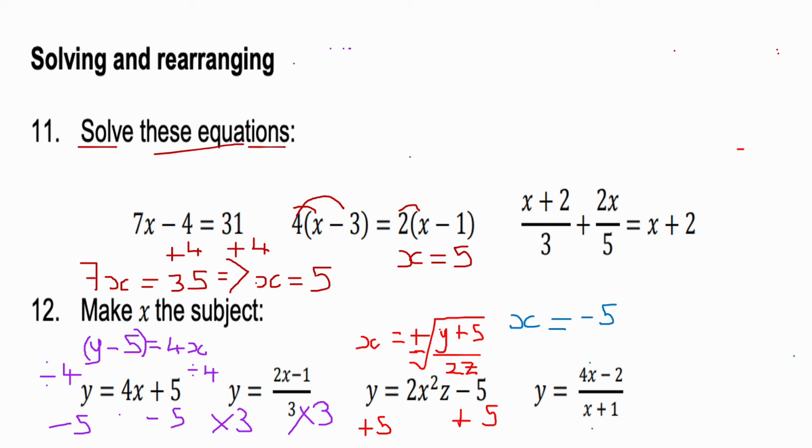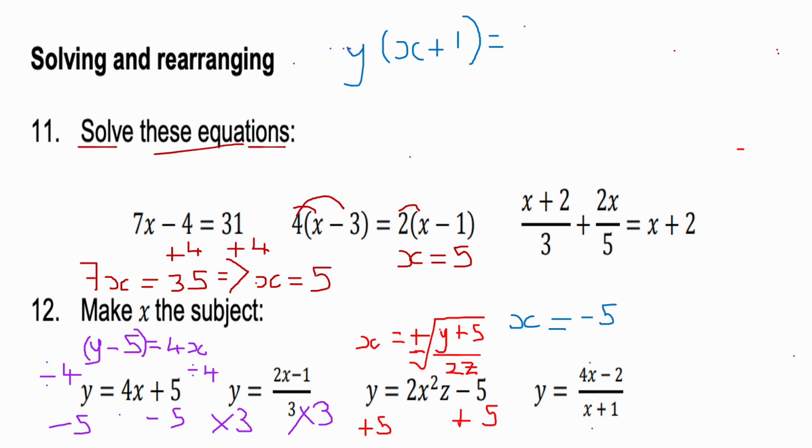So the first step is I'm going to multiply the left hand side and the right hand side by x plus 1. So I get y lots of x plus 1 is equal to 4x minus 2.